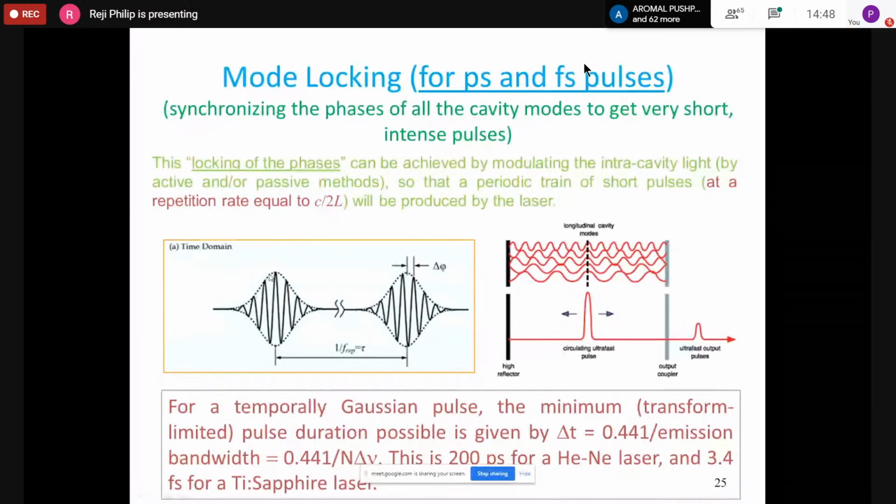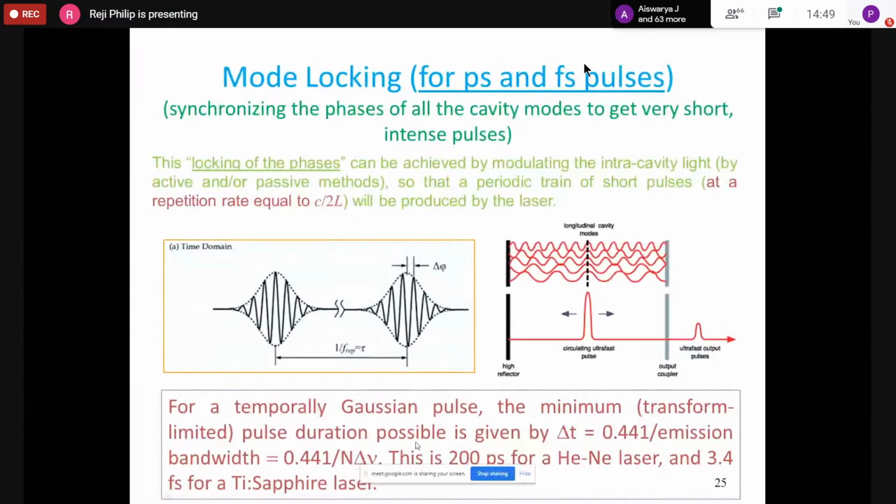If you look at the envelope of this, it's this envelope which is drawn here. That gives you a sharp pulse, and this will happen continuously. These pulses will come one after the other, and these are very short laser pulses.